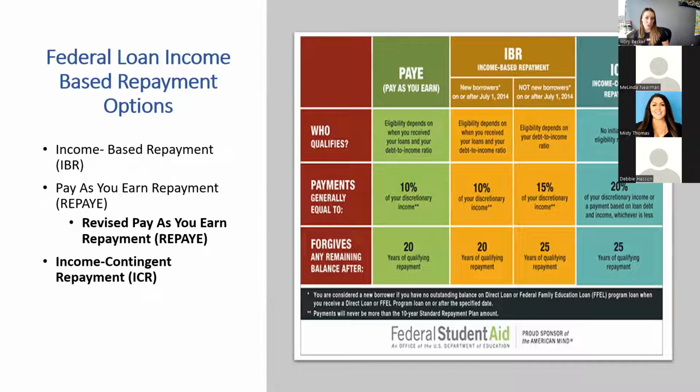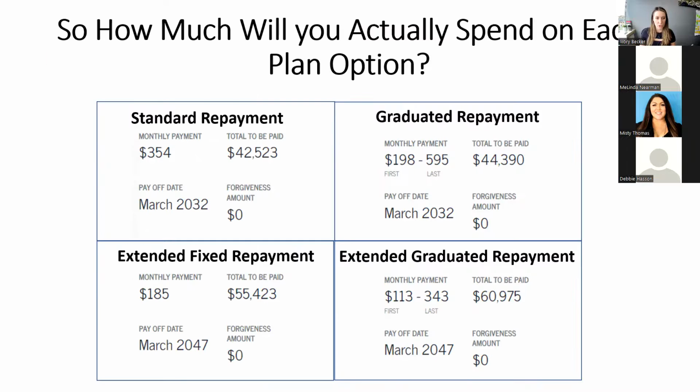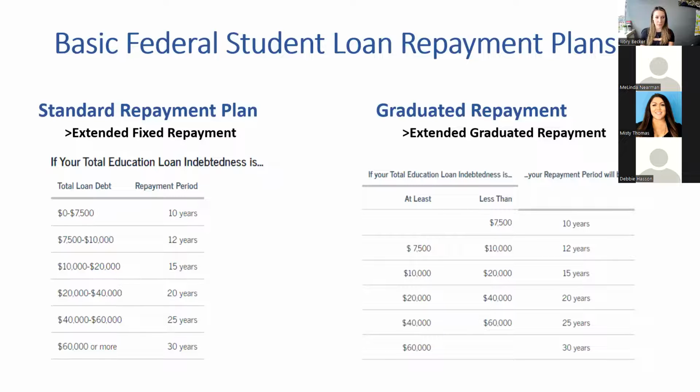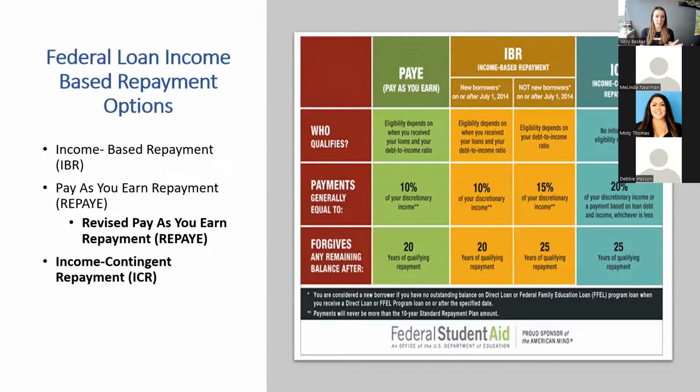Okay. So next I want to look at the different repayment plan options that not necessarily everyone is eligible for. So the standard and the graduated repayment, anybody can do either of these programs. But when we get to the income-based repayment options, these are going to be specific to who qualifies. So we're going to be looking at income-based repayment, pay-as-you-earn repayment, and then income contingent repayment.